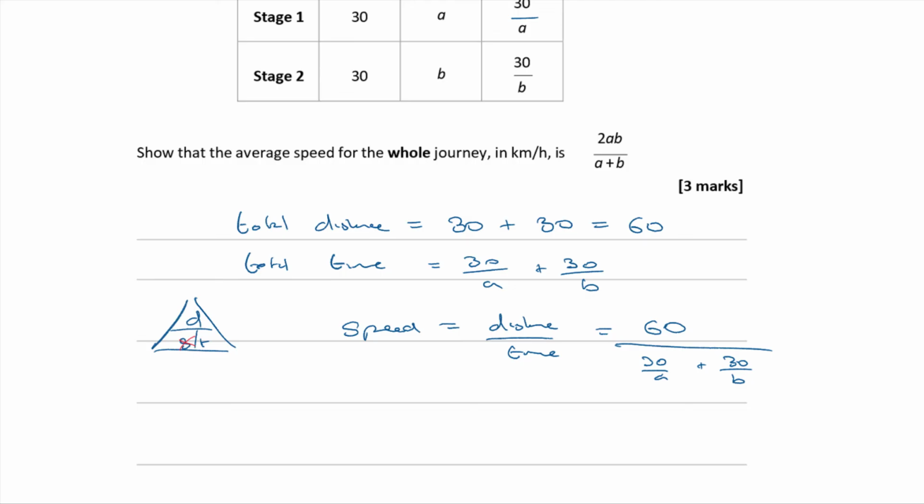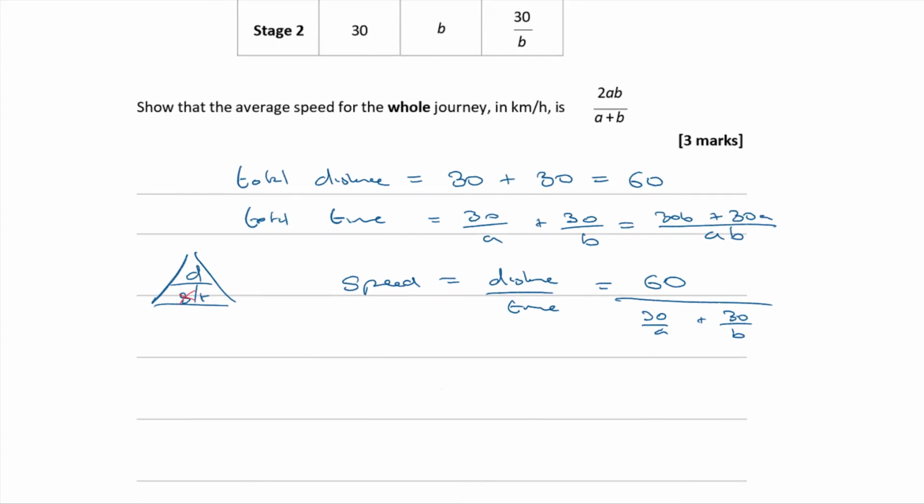Okay, right, so now in order to make sense of this, probably before I subbed it in, it would have been better to put this over a single denominator. So if I put that over a single denominator, that's going to be AB, isn't it, and then that's going to be 30B plus 30A over AB, isn't it? Okay, so dividing through by a fraction is the same thing as flipping it over and multiplying.